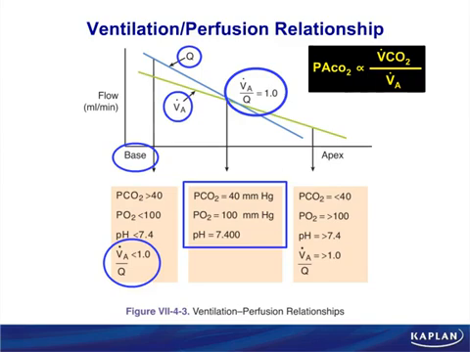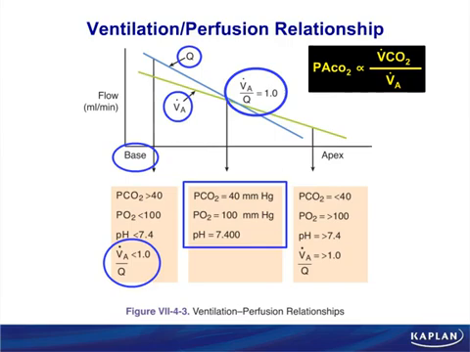Now, let's think about what the extreme is mathematically to a decreasing VQ. Hopefully you said that would be a VQ of 0. 0 ventilation, but I do have blood flow. That would be the ultimate extreme of dropping VQ. It has blood flow, but no ventilation. Well, this is a shunt.